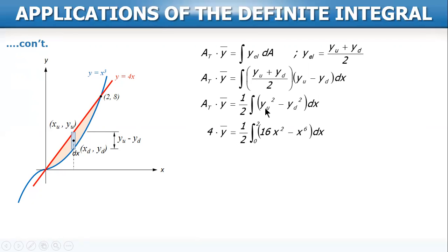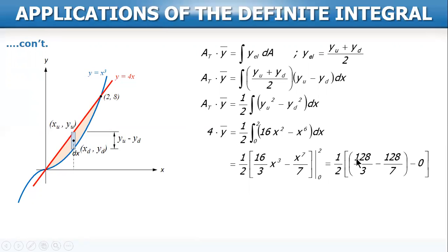So y up is 4x, you square 4x, you have 16x squared, and y down is x cubed, you square that, that's x raised to 6. Then integrate using power rule and evaluate from lower to upper limit. Compute this, and divided by 4, y bar is 64 over 21.